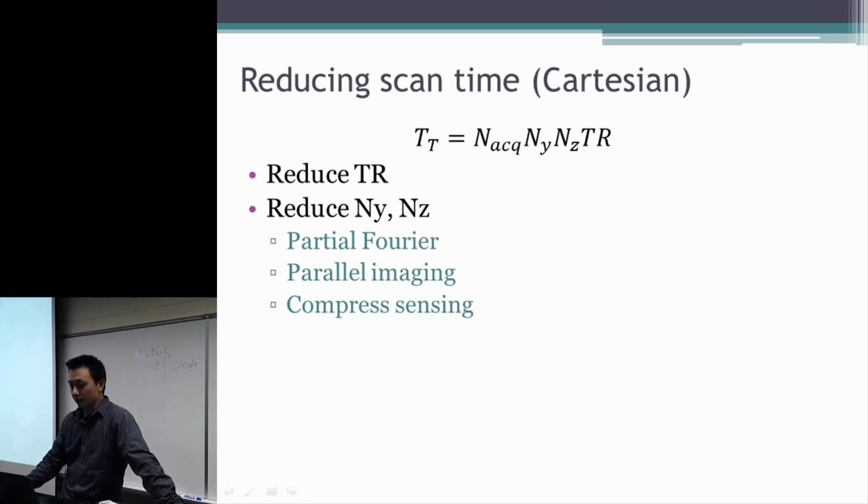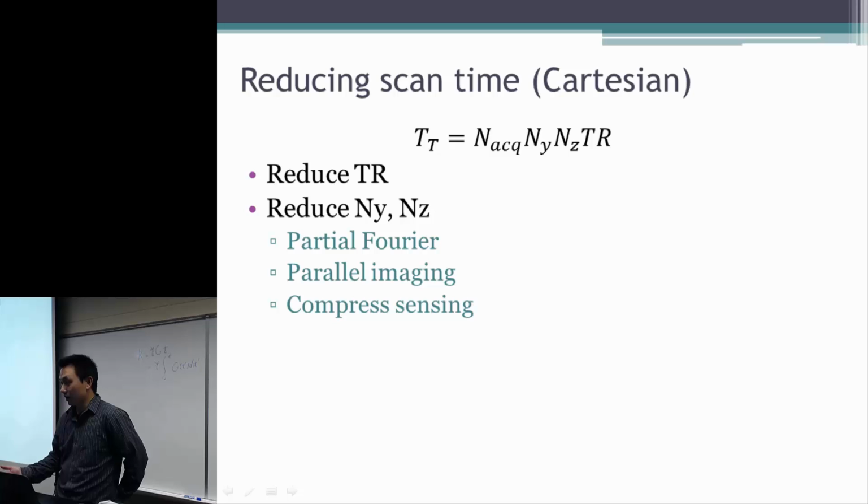Parallel imaging also collects just part of the K-space lines, but it reconstructs the missing lines based on the collected data lines, so that it gives you a full K-space instead of simply zero filling it. It also uses the spatial information provided by the phased array coils.